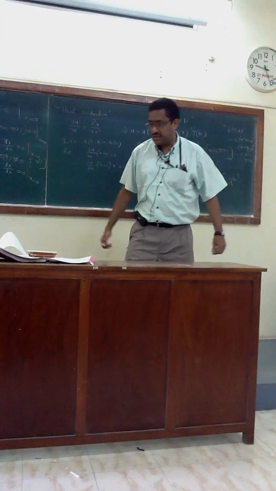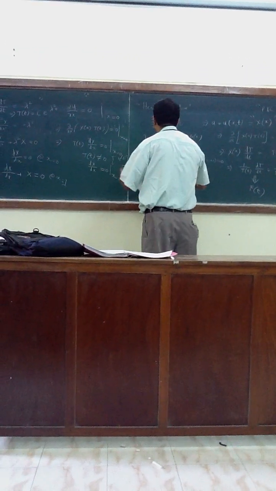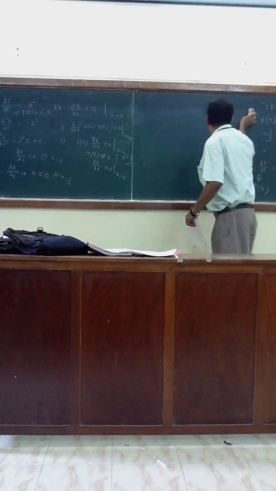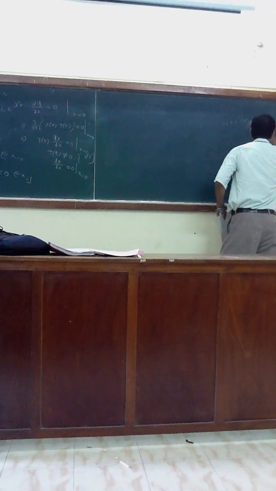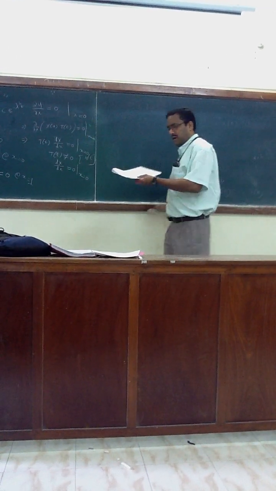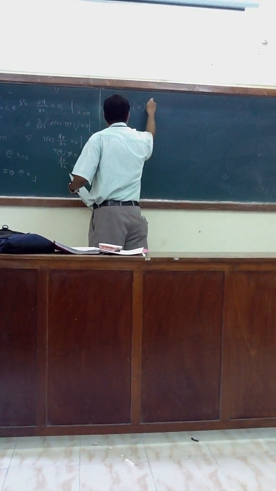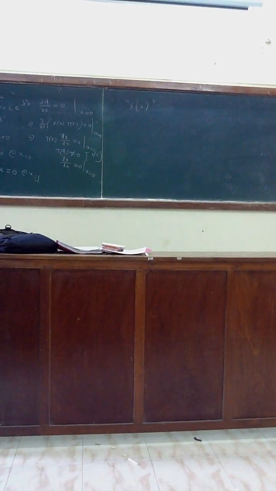Okay, how to get this done? How to find out the X? You solve it and tell me the answer. How to find out the eigenfunction? You know the solution.